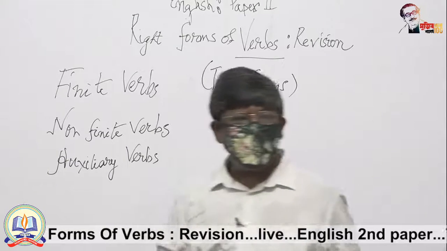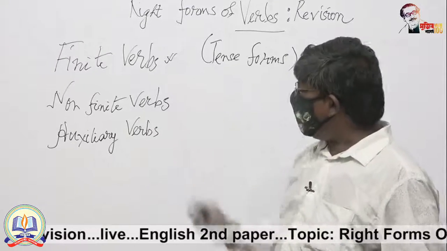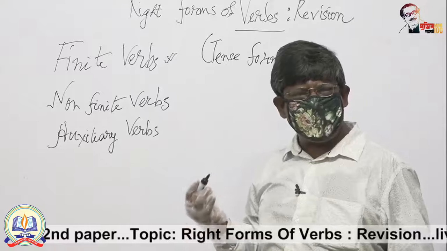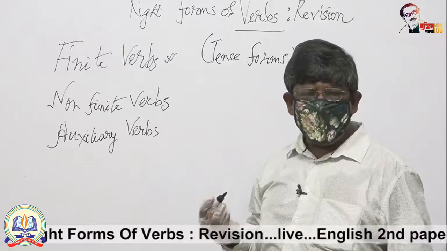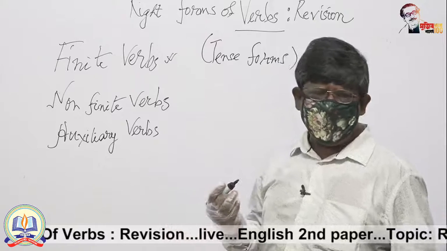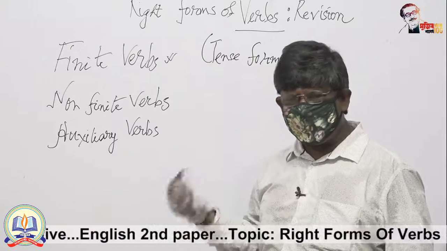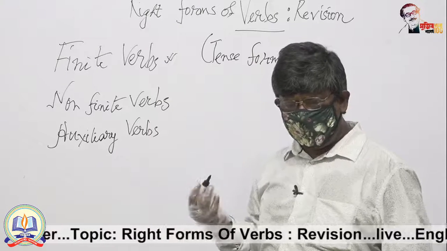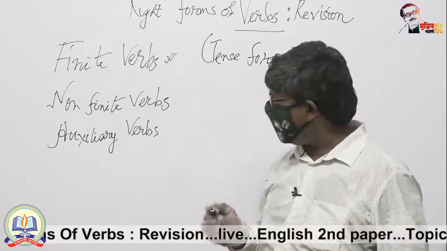Auxiliary verbs usually help the finite verb to express the tense form of the finite verb. All finite verbs have tense forms, and only tense forms can determine a verb's being finite.